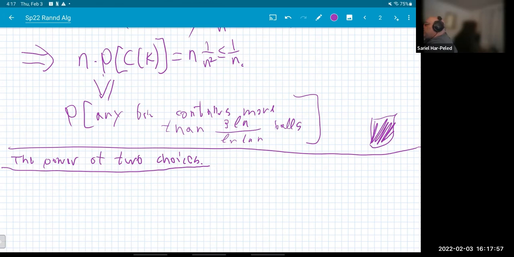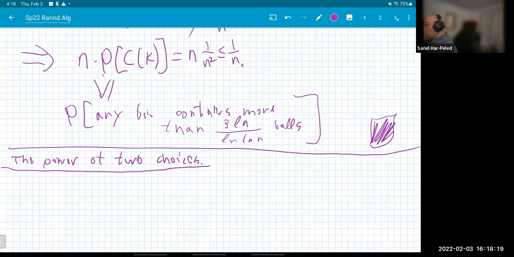Now, the problem in the process that we did when you throw balls into bins is that if we randomly chose a bin that already has many balls, we have no recourse, right? We just have to throw the ball there, right?